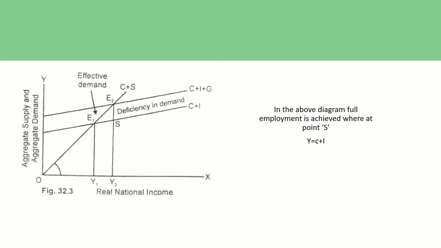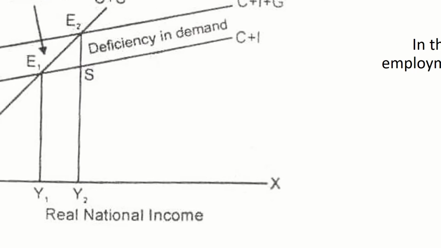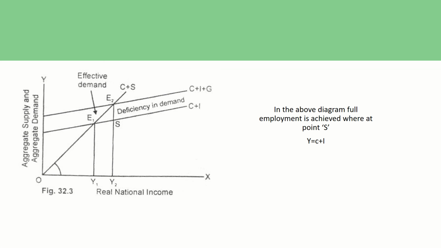At last we can see effective demand here, where real national income is measured on the x-axis and aggregate demand and aggregate supply on the y-axis. At E1, aggregate demand is equal to aggregate supply. This is a point of equilibrium where effective demand is taking place, but it is still called underemployment.